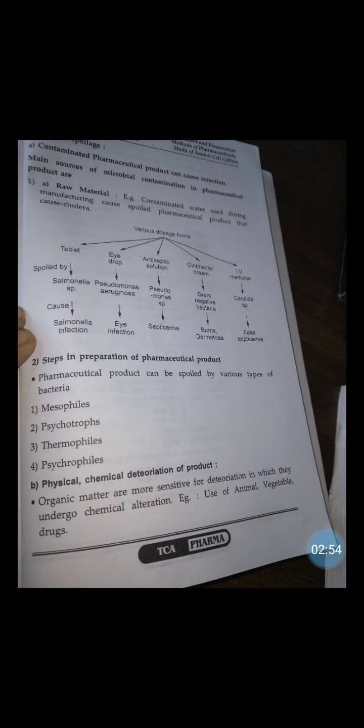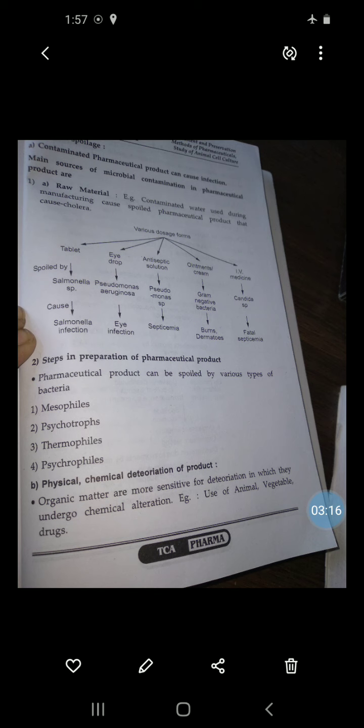Here we can see the various dosage forms, the reason for spoilage, and the cause. First, tablets spoiled by Salmonella species cause Salmonella infection. Eye drops, Pseudomonas aeruginosa, cause eye infection.